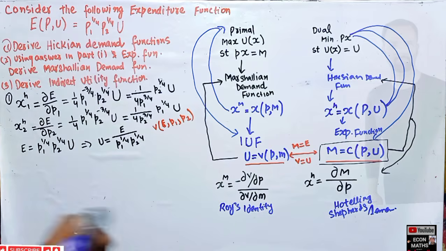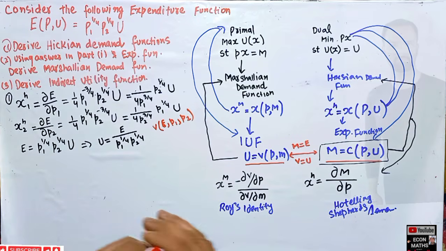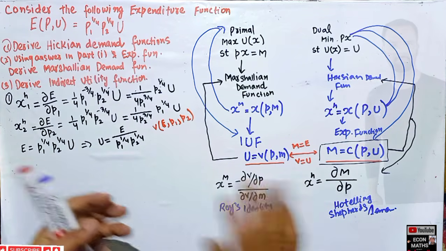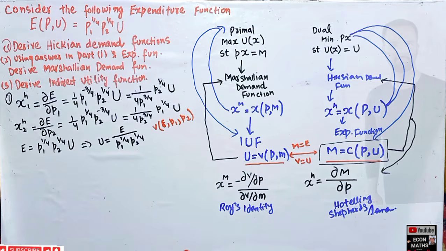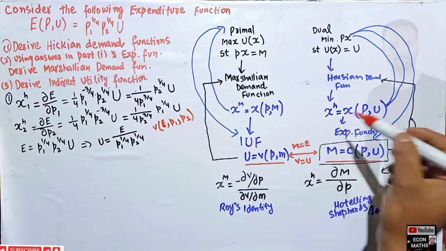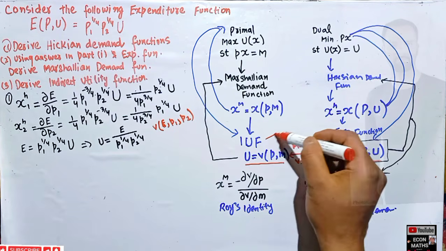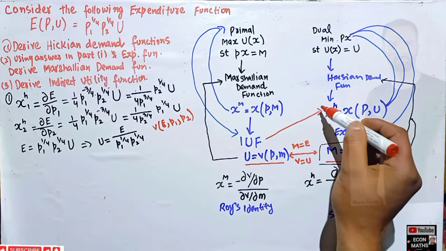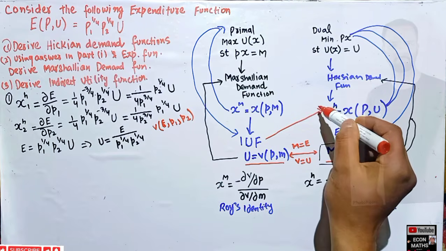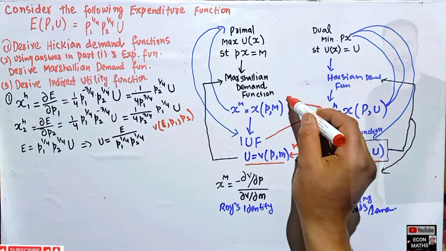Now we need to calculate the Marshallian demand function. To calculate it we have two ways. What we can do here is insert this indirect utility function into the Hicksian demand function, and this will give us the Marshallian demand function.